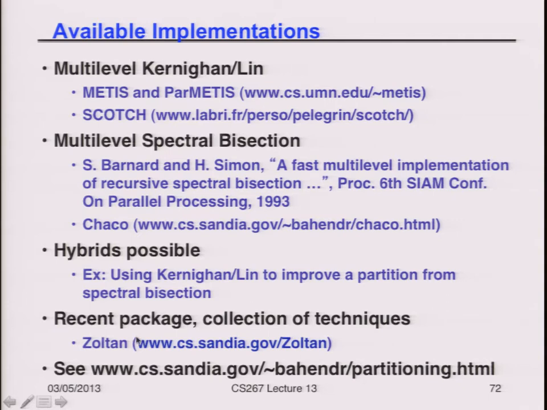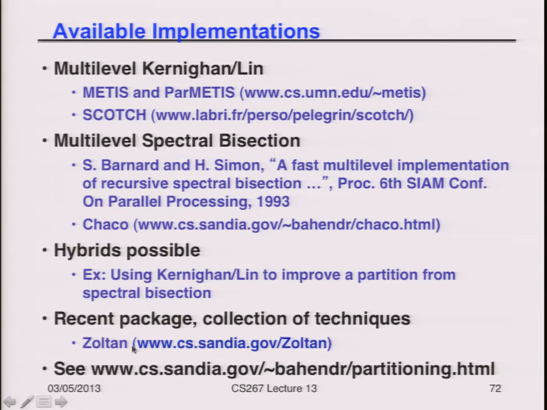Now, there's a recent package developed by some folks at the Department of Energy, which is kind of a front end to all of these different things. It's called Zoltan. They like names there. I can't remember the actual historical reference for that one. And it's part of the Trilinos package. So they give you a sort of front end to all of these different packages.